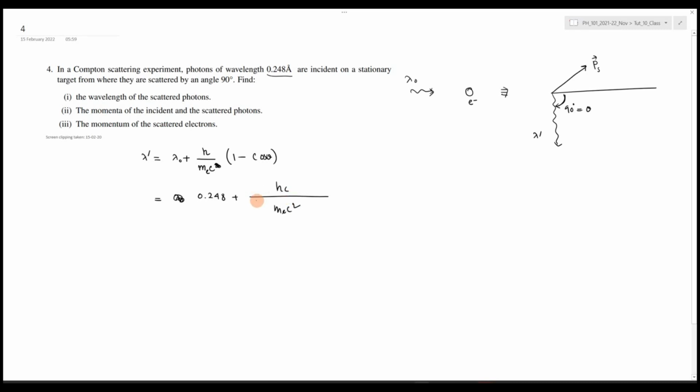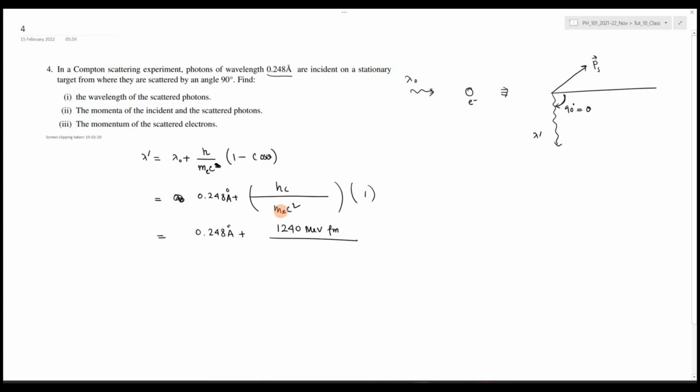Cos 90 is 0 again, so this will simply be like this. You substitute this. This is in Angstrom. So this will be 0.248 Angstrom plus h c. We have already found in the previous calculations that h c is 1240 MeV femtometer.